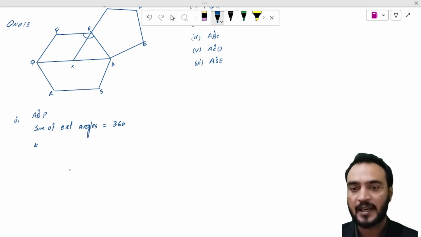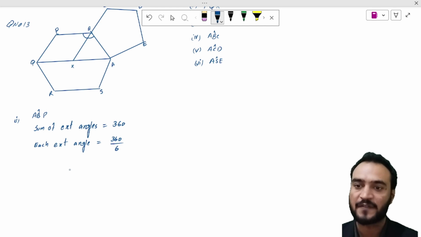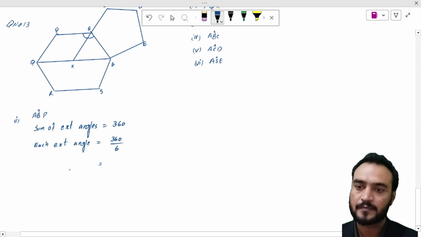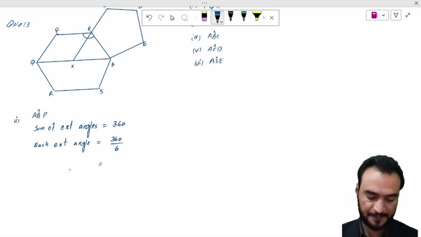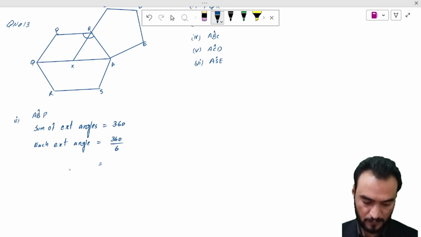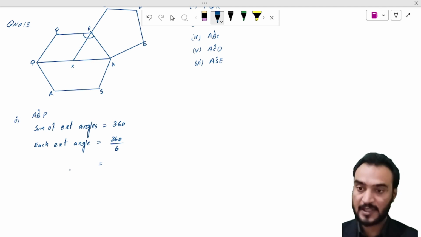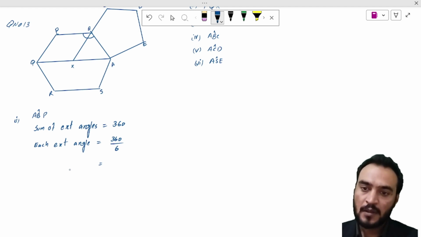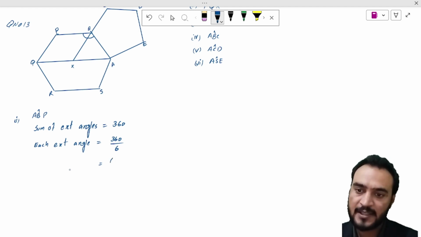So each external angle is equal to 360 divided by 6, because 6 is the number of sides of the hexagon. 360 divided by 6 is 60. So each exterior angle of the hexagon is 60 degrees.